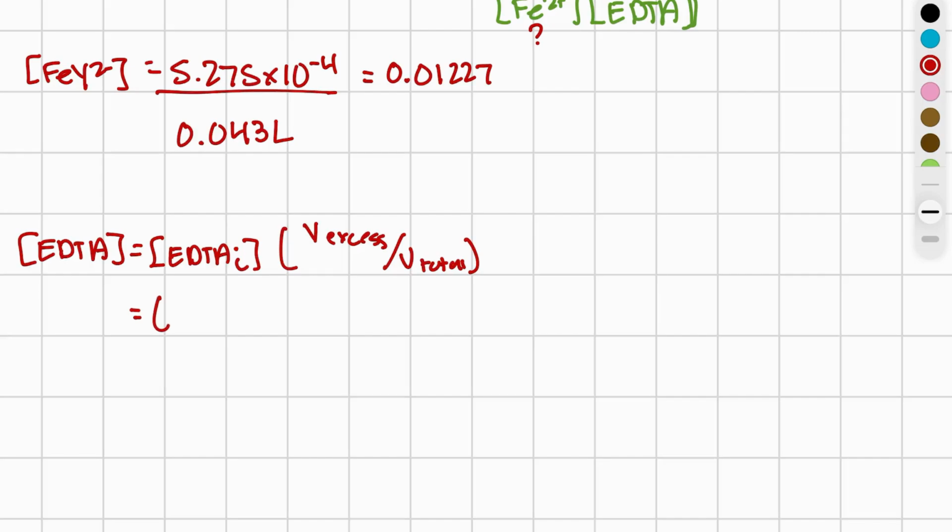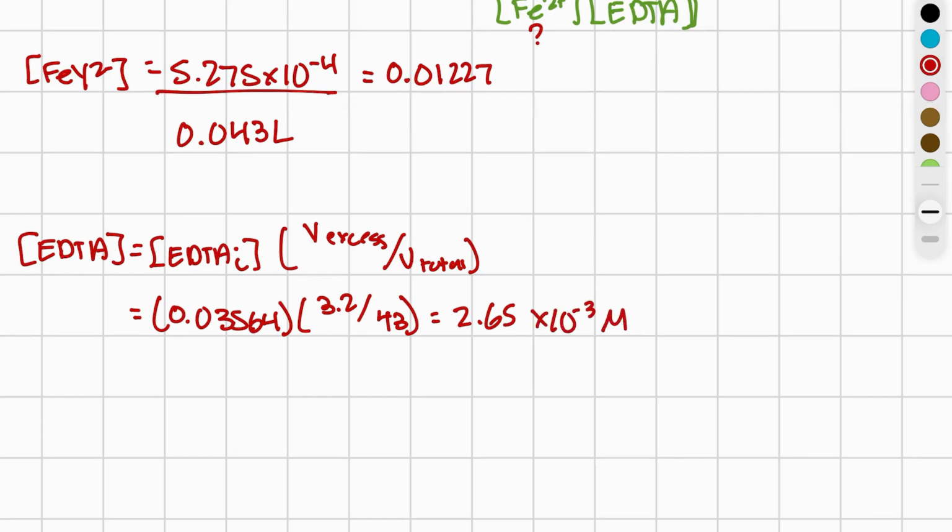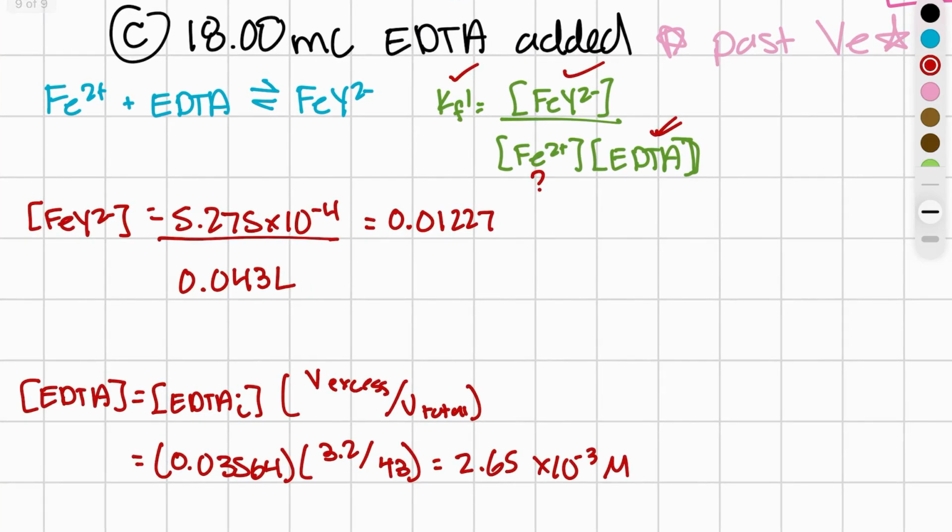This is going to look like 0.03564 times, we are 3.2 in excess, and we have a total of 43. So it's 2.65 times 10 to the negative 3 molar. So now we do for sure have this, so we can plug everything in.